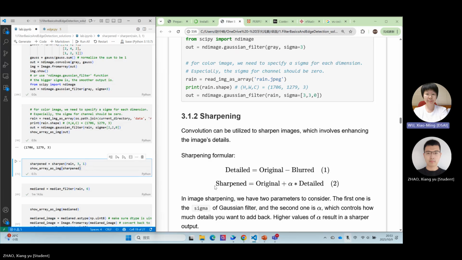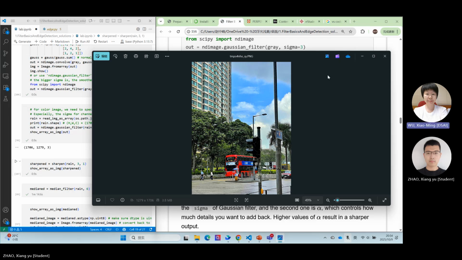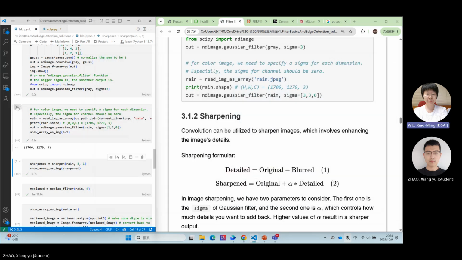And then if you want to get the sharpened images, you can just use the original images to add the detailed images. Like this. Okay. I will show you the images.